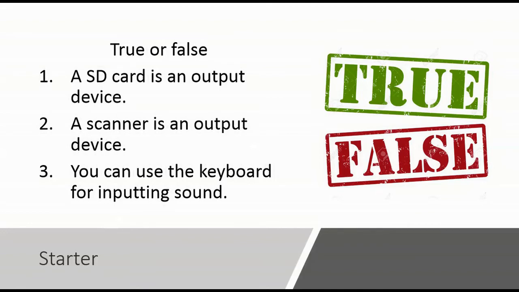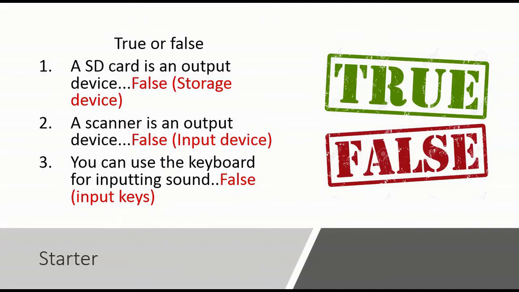Something from the outside world is getting scanned and becomes digital content on the computer. So that's false. The third sentence says that you can use the keyboard for inputting sound. Right away it clicks that a keyboard is not used for inputting sound. It is an input device used to input the keys on the keyboard.